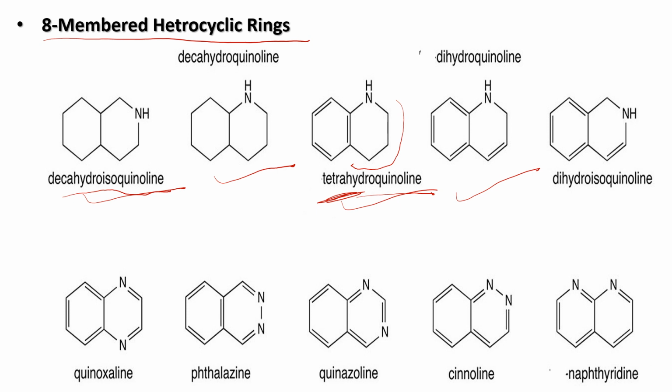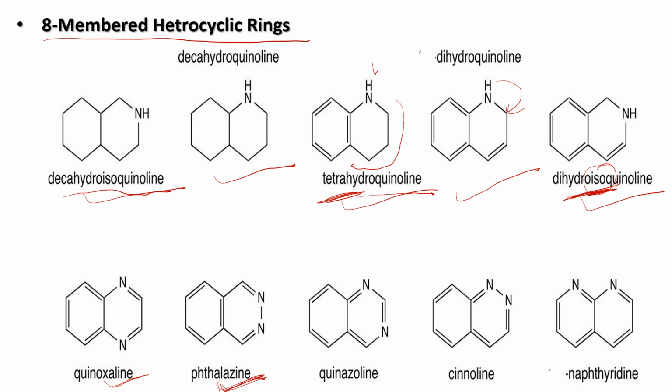You should know the numbering: you number from the heteroatom, that's all, nothing more. Dihydroisoquinoline: you can see iso, because of the shifting here, so it will come as isomers.